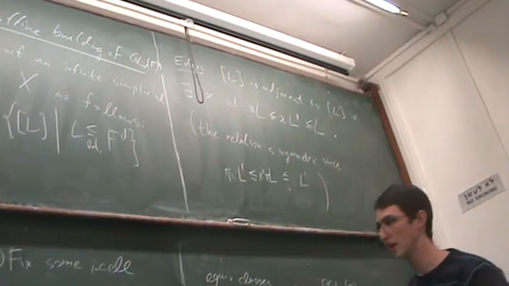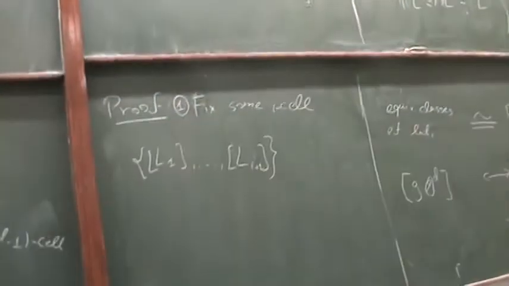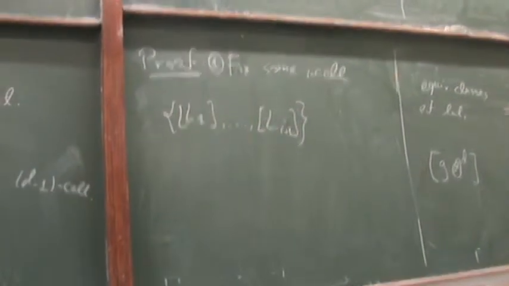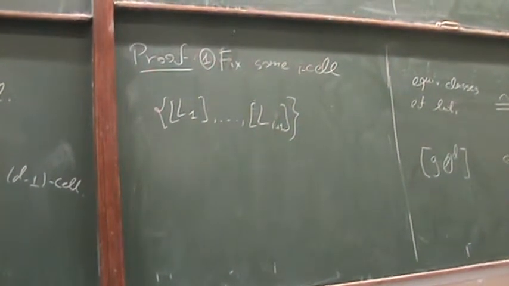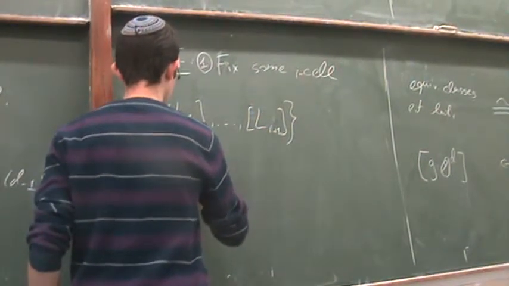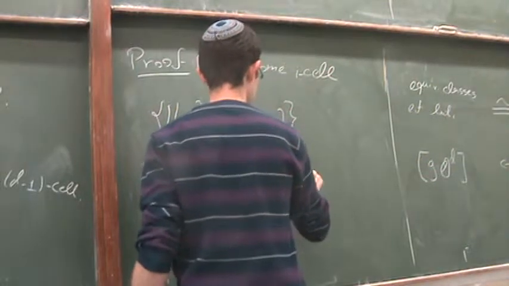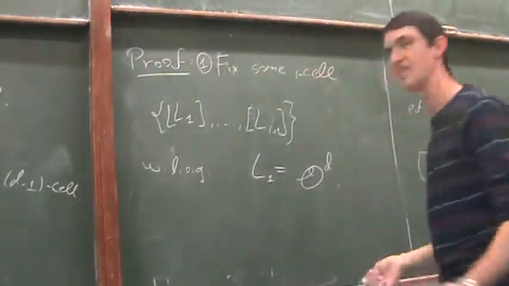So if L and L' are adjacent, then so are they if I multiply both by some element g. So without loss of generality, L_1 is just O^d. Why not?